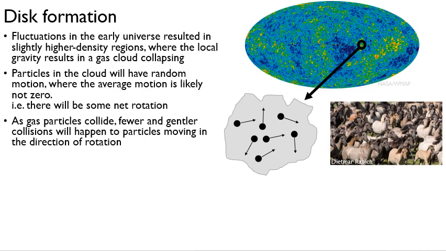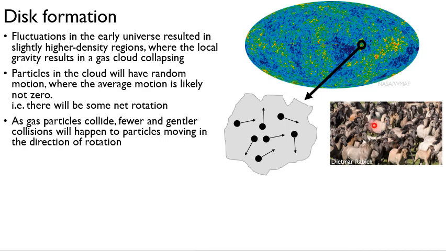But then as the gas particles collide, they're going to tend to favor a particular direction, and that's the direction of rotation. You could think of it like being in a stampede of horses: if you were trying to ride a horse through this stampede, it's going to be a lot easier to just go with the flow than to go against it.